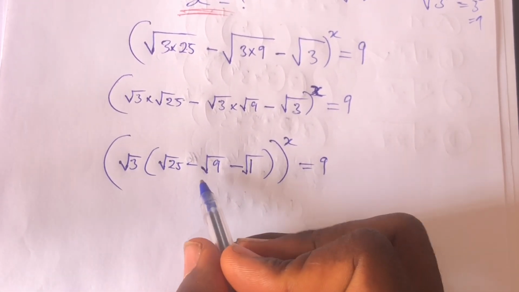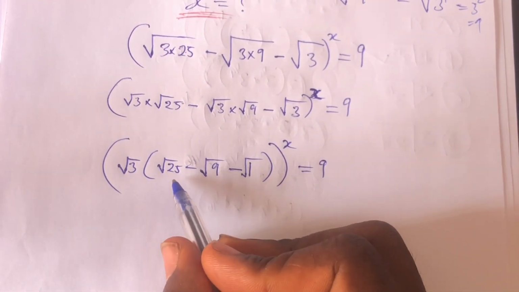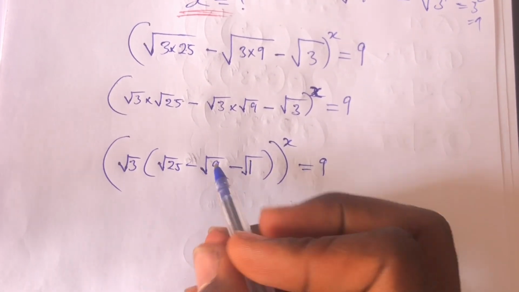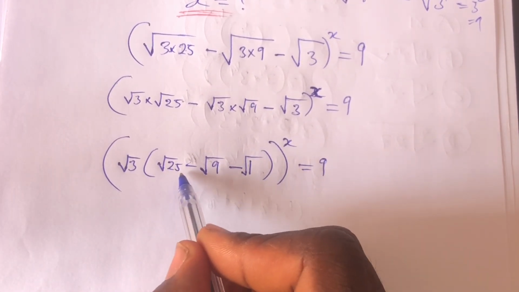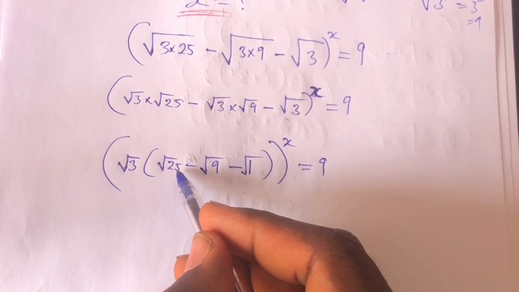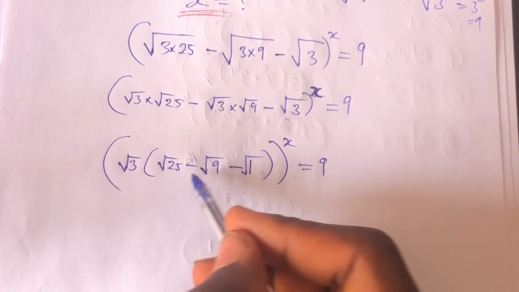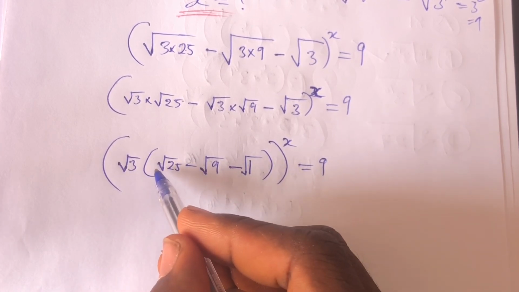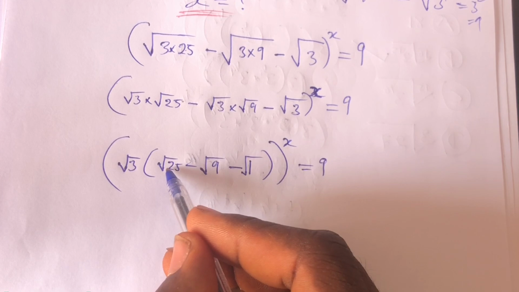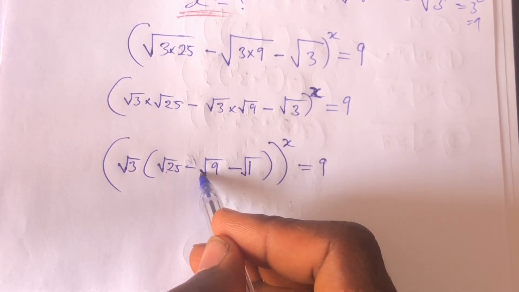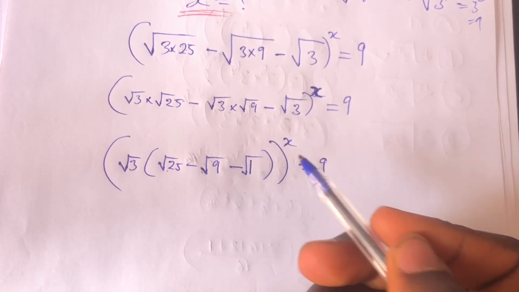So from here we can see that square root of 25 minus square root of 9 minus square root of 1.